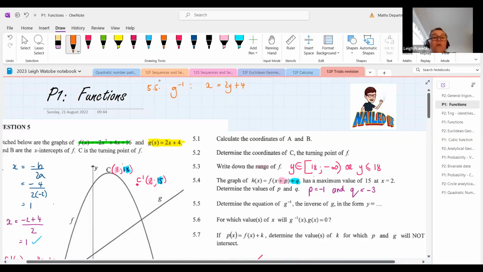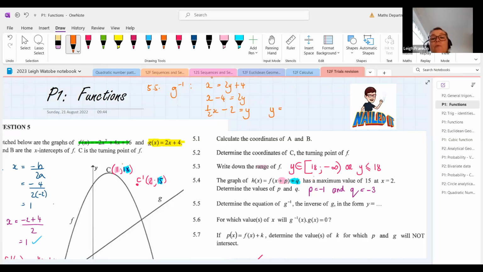Now we have to make Y the subject of the formula. So that means we'll have to take the 4 over to the other side and then divide every term by 2. Okay, so that's how come we end up with half X minus 2 is equal to Y.